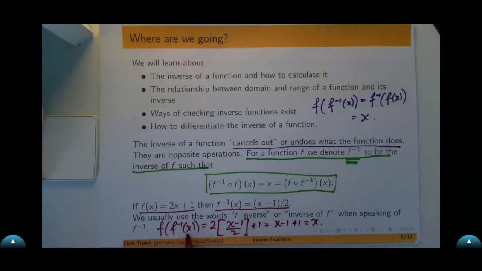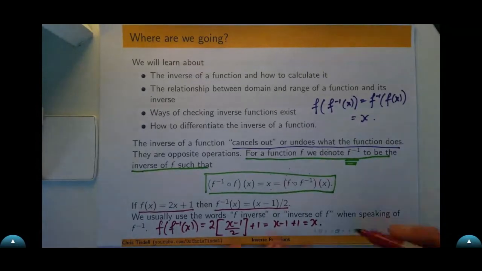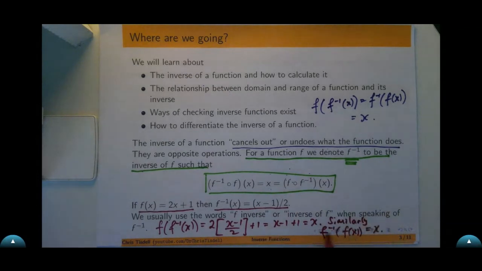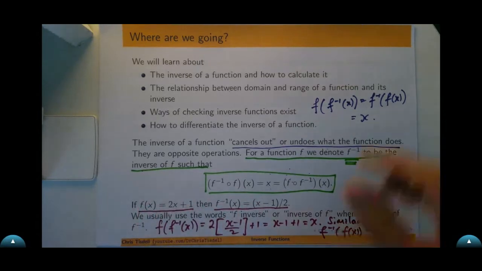So f of the inverse just gives us x. Similarly, and I won't do that here, you can check this, the opposite order also gives you x. Okay, so that's a pair of a function and its inverse.